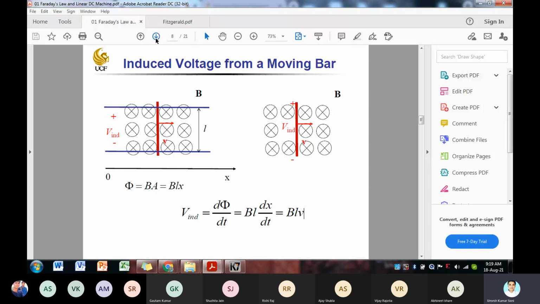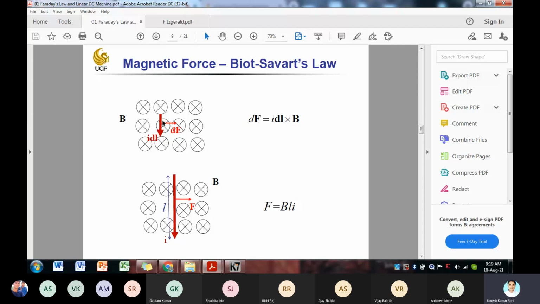Okay, suppose you have some current in the conductor, and there is a magnetic flux density downwards. You can see here that the crosses show that the flux is downwards, and the conductor current is downwards in the plane of the paper, and the magnetic flux is downwards, perpendicular to the plane of the paper.